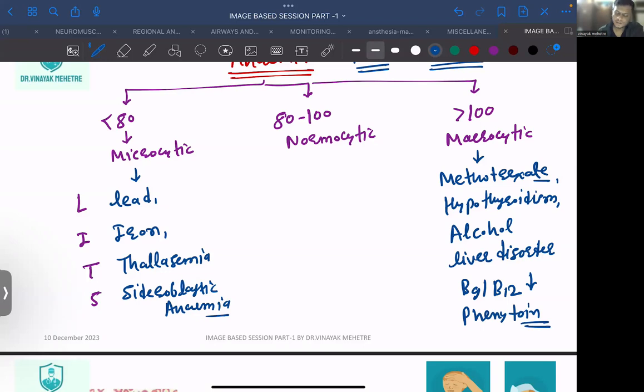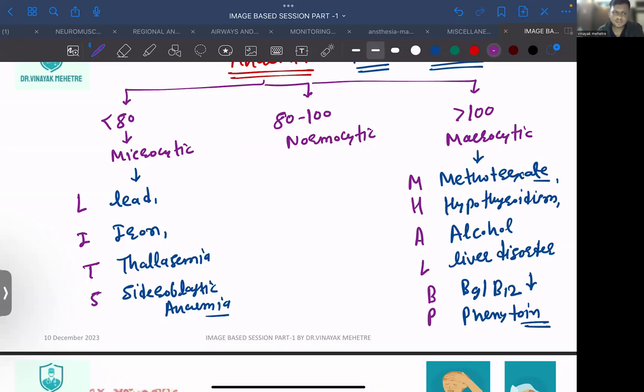Phenytoin. How will you remember? By the mnemonic Mahal BP, whichever you want to use.